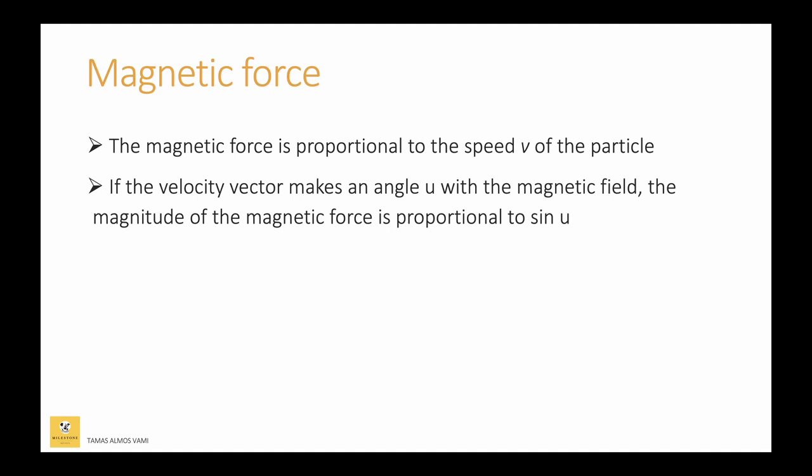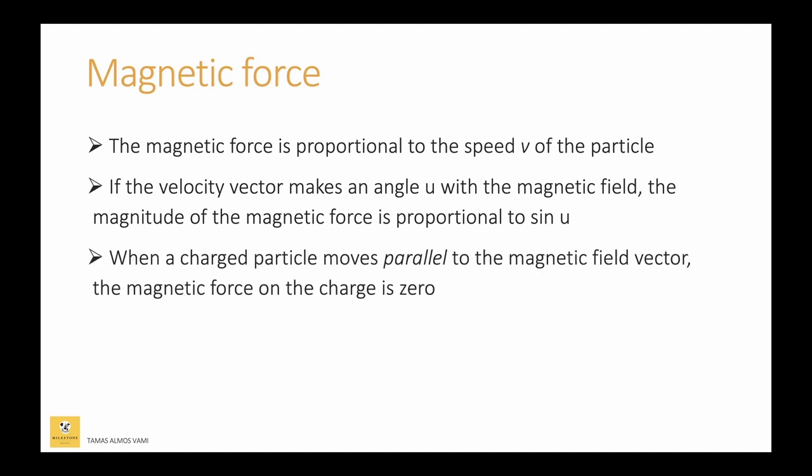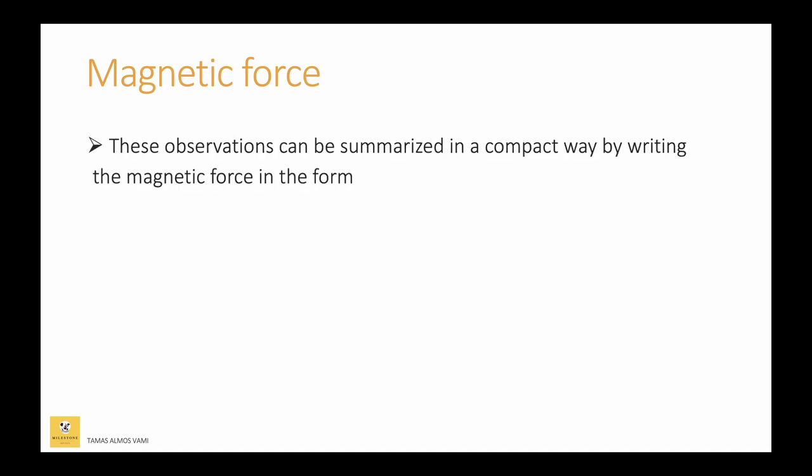And if this velocity vector makes an angle, let's call it theta, with the magnetic field, then the magnitude of the magnetic force will be proportional to the sine of theta. So if the particle is moving parallel to the magnetic field, then the magnetic force will be 0. And if it is moving perpendicular, then it is maximal.